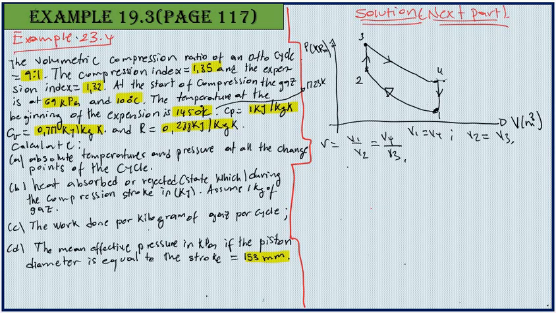The benefit of writing this is to find the properties of state 4. If we use the relation P3 V3 to the power of n expansion is equal to P4 V4 to the power of n expansion, we can determine P4.